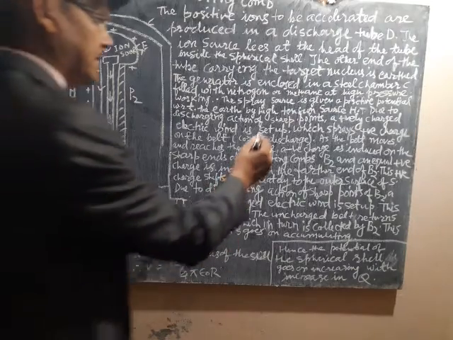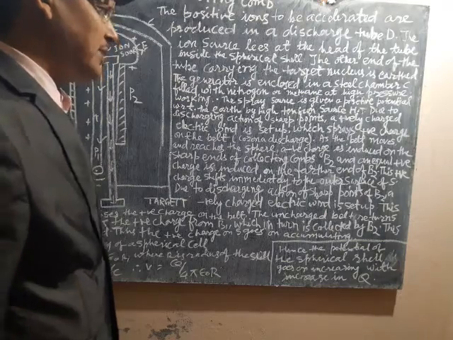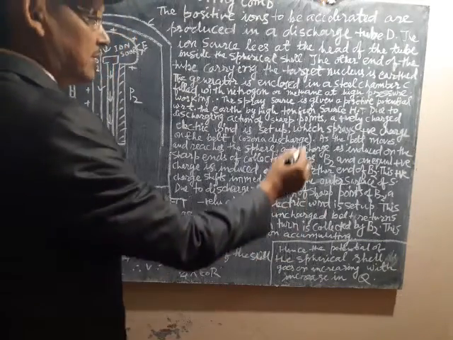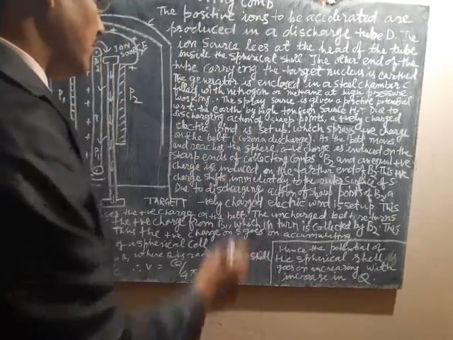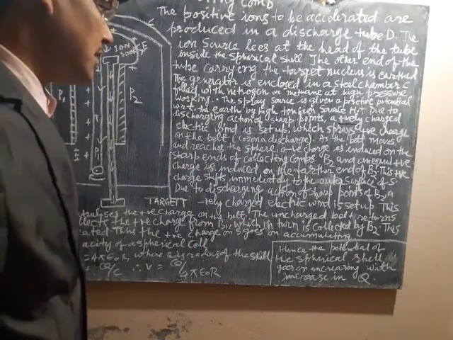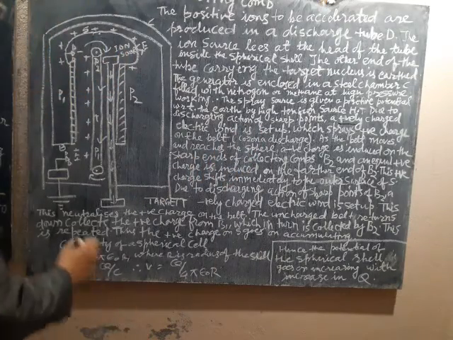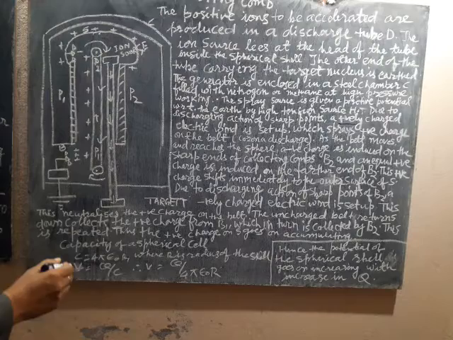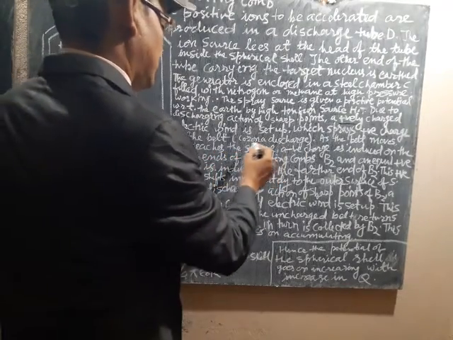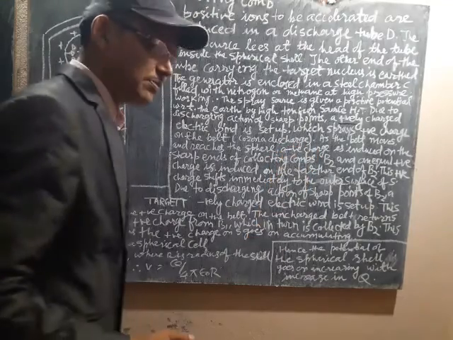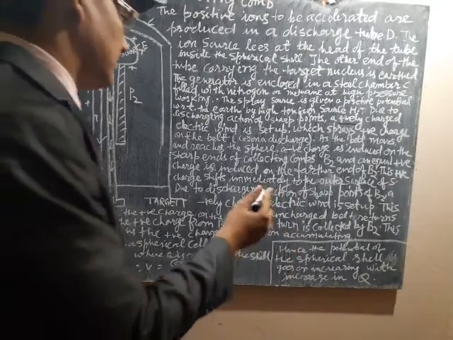Due to the discharging action of sharp points, a positively charged electric wind is set up, which sprays positive charge on the belt. This is known as corona discharge. It is a spreading of charges.